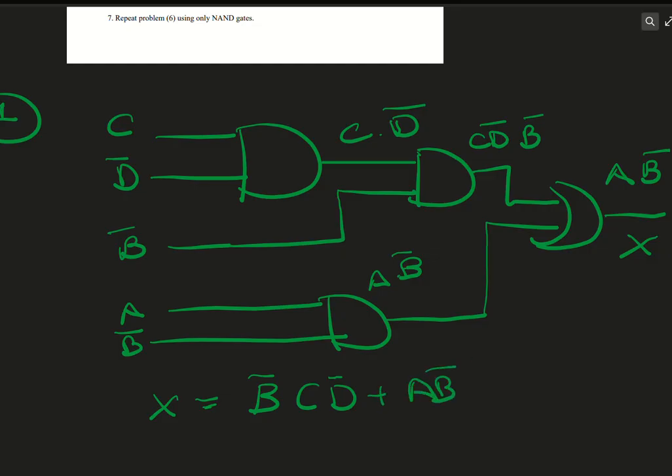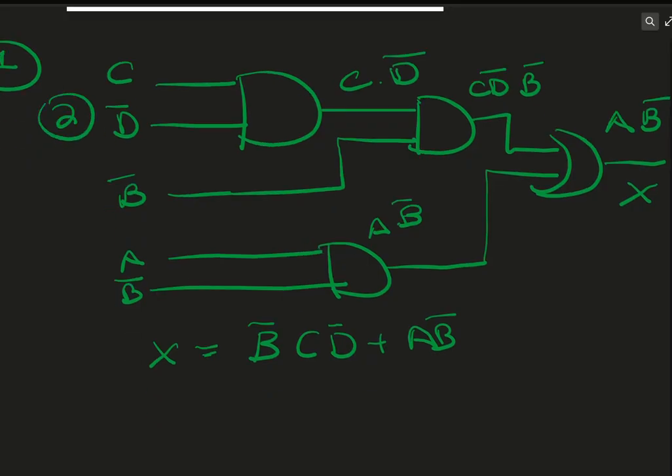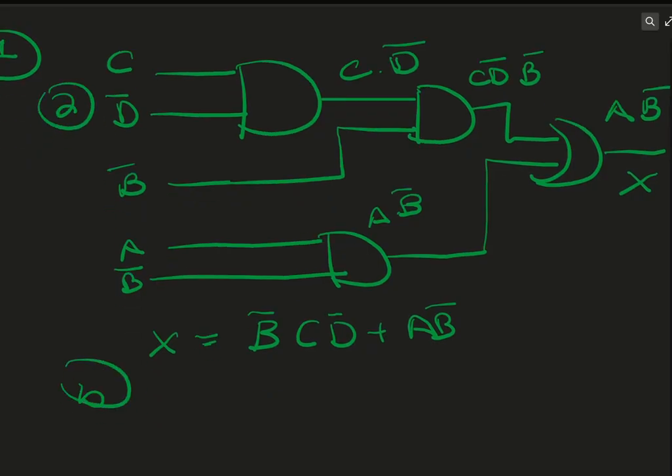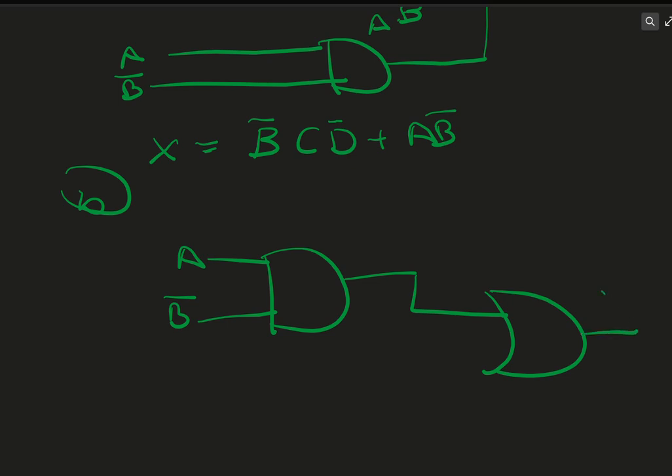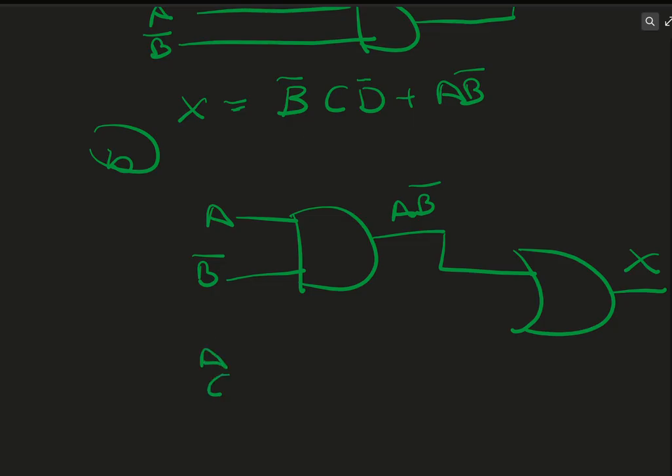So let's go to number B. B is even simpler. It's just two AND gates added by an OR. We get A B prime, and we have A C D prime, all connected; we multiply them and then we add them.